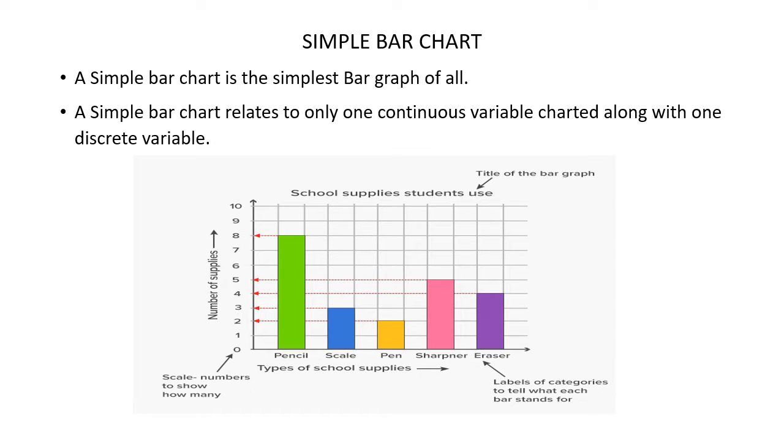Now the types of school supplies are plotted along the x-axis, whereas the number of supplies are plotted along the y-axis. Now since the scale of the number of supplies is not given, these numbers indicate directly the number of supplies.